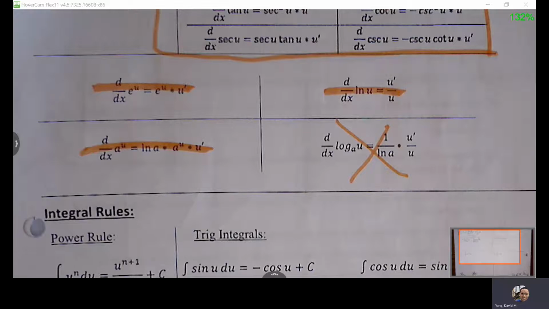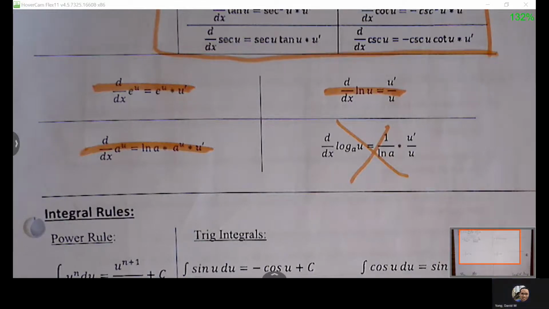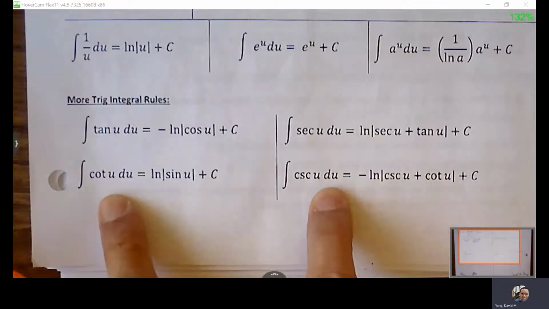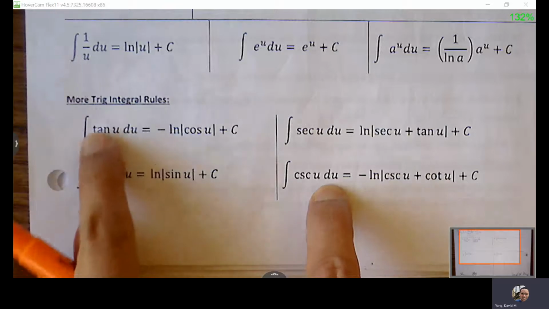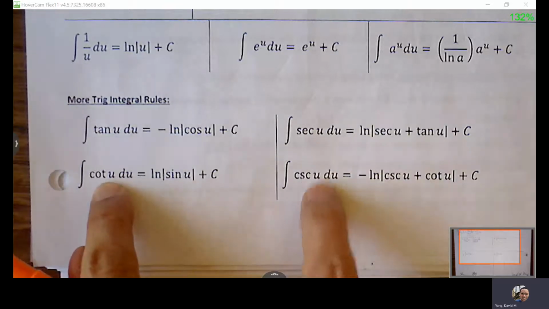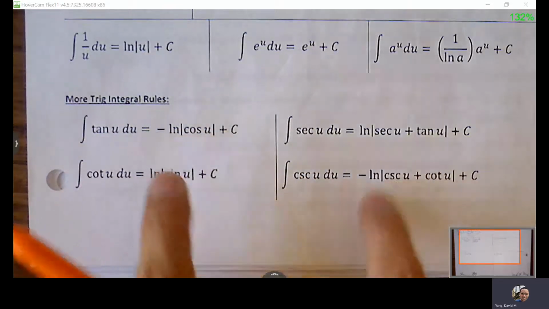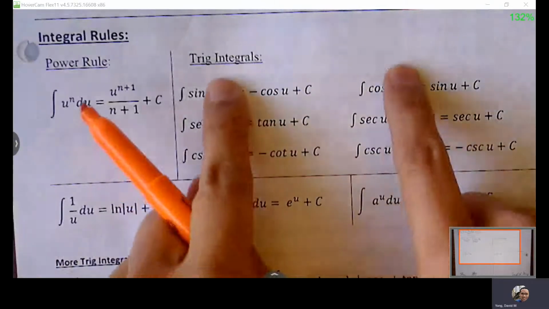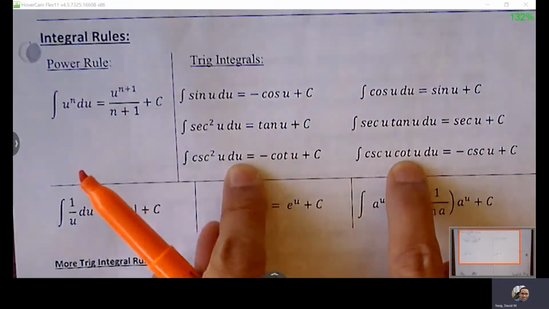Are all the natural log rules absolute value? Only these 4. Right, only tangent, cotangent, secant, cosecant. These are the only ones that have natural log involved. All the other integral rules are just coming from the derivative rules.